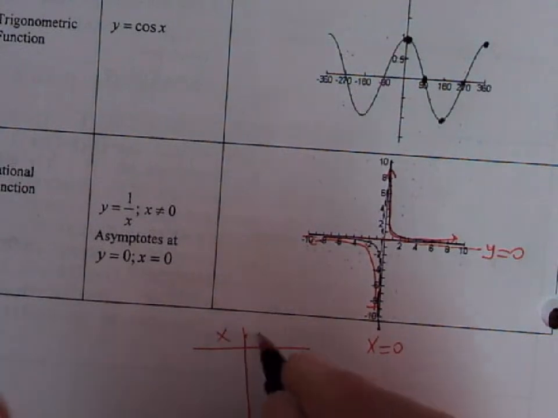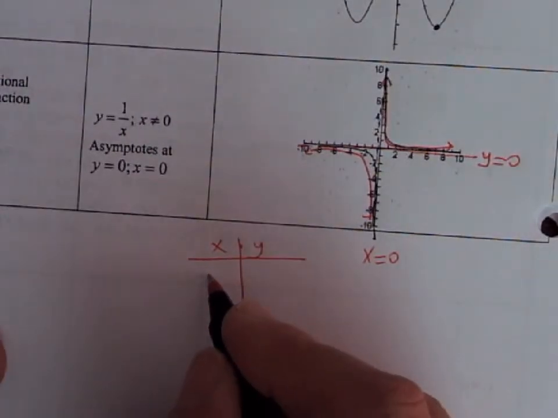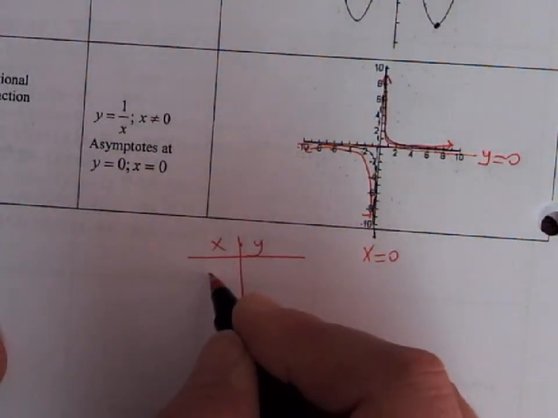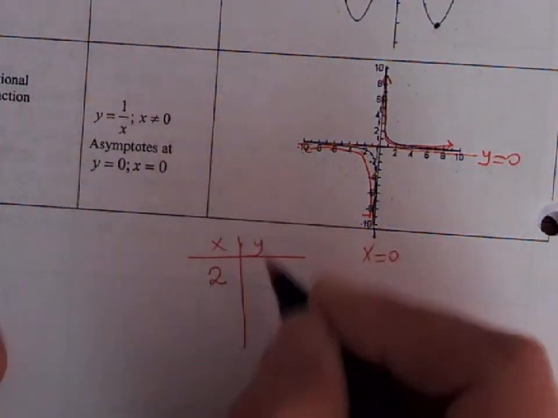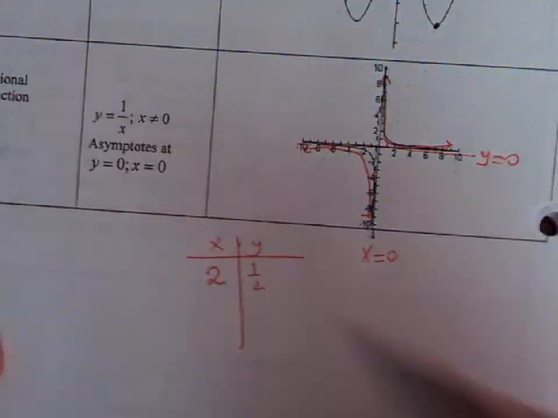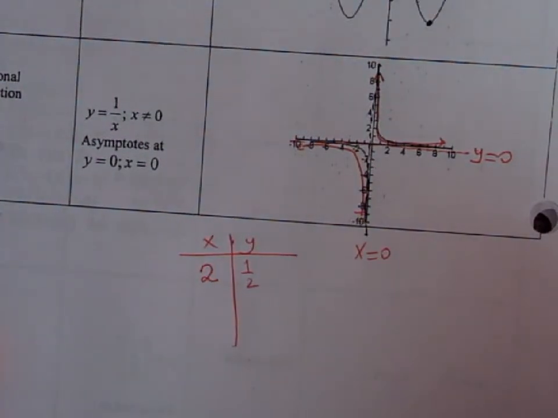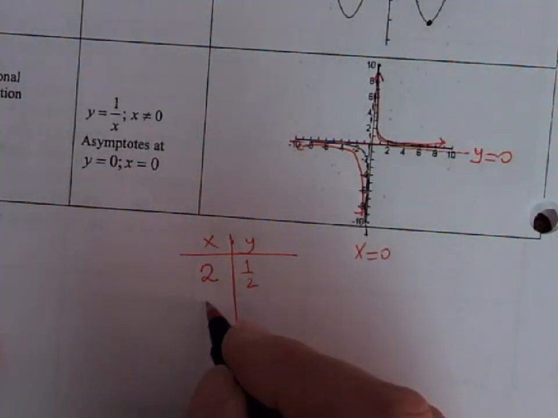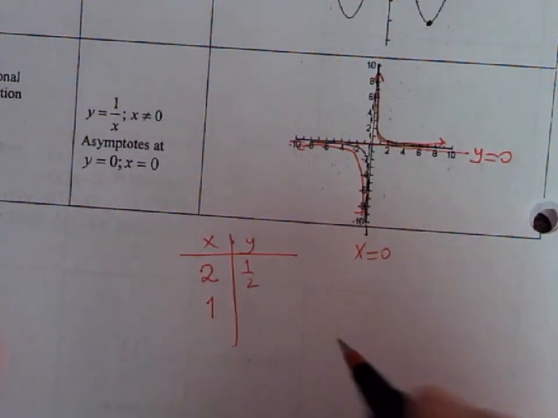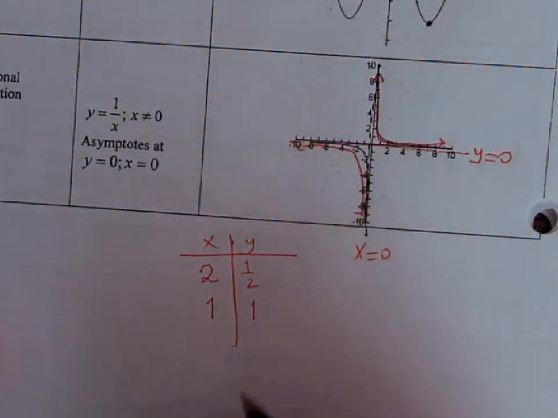If you make a table of values, let's take a couple of values here. Let's say x is 2. Then 1 over x is 1 over 2, so that is one point: 2 and 1 over 2. Let's say x is 1. 1 over 1 is 1, another point.